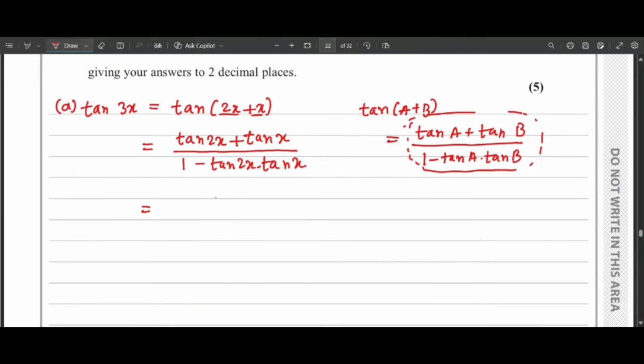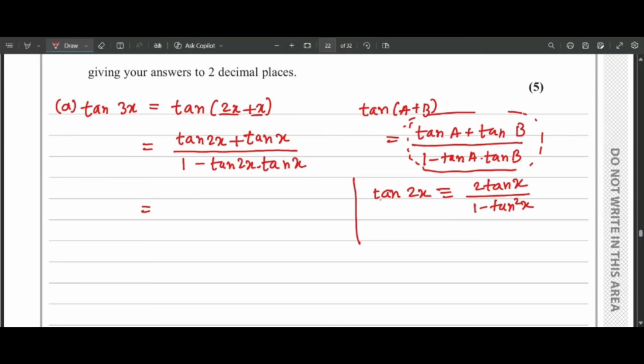Now we can see here that in this expression we have a term tan 2x. We already know the identity for tan 2x. Tan 2x is equal to, I'm sorry, it is 2 tan x divided by 1 minus tan square x.